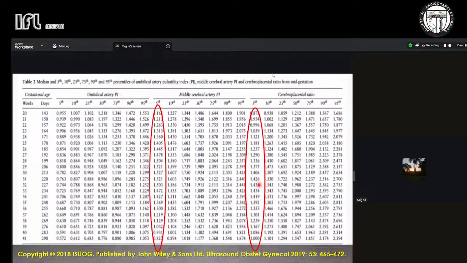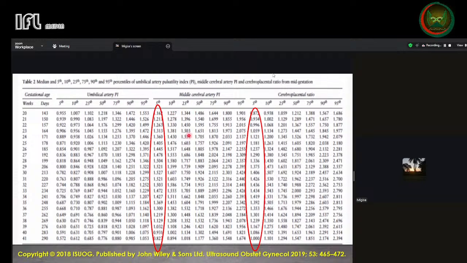Same as here, cerebroplacental ratio. For umbilical artery, like our colleague said, you consider the 95th percentile, when the impedances are too high. For MCA and CPR, we consider when the impedances are too low, because ideally they should be high on one side and low on the other.